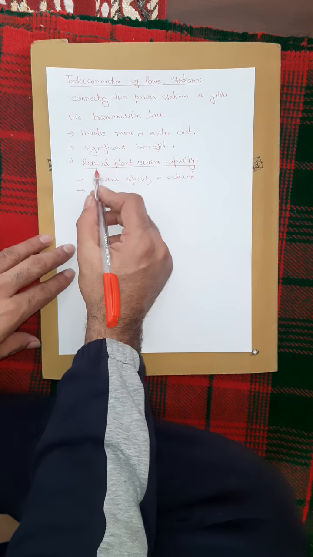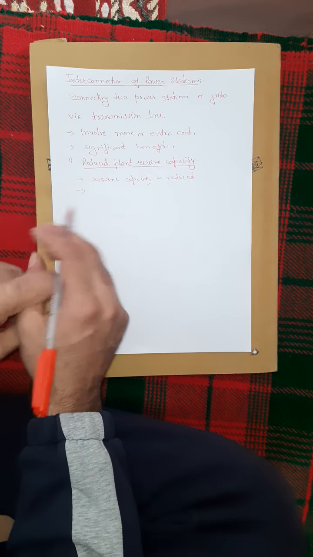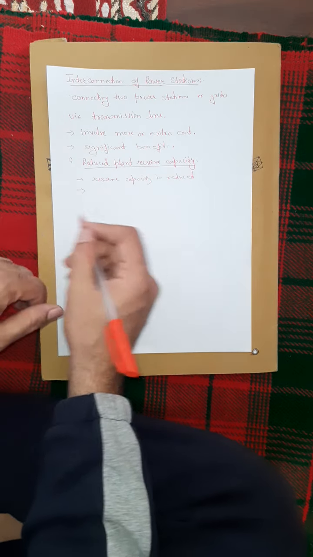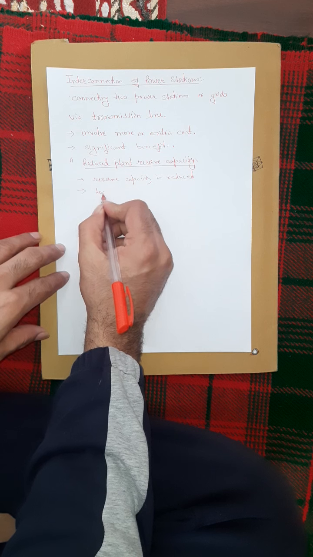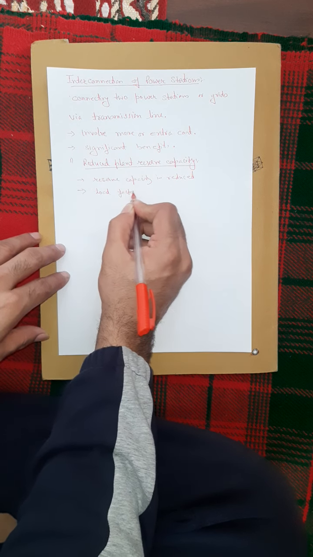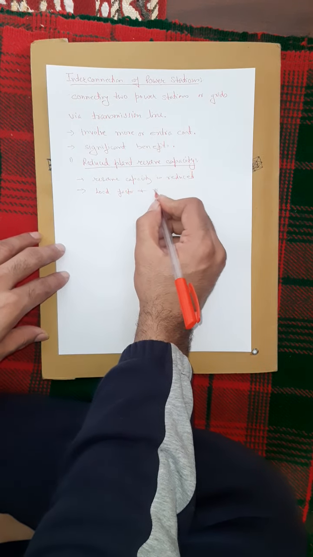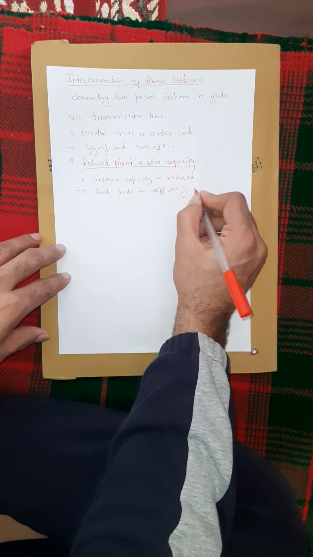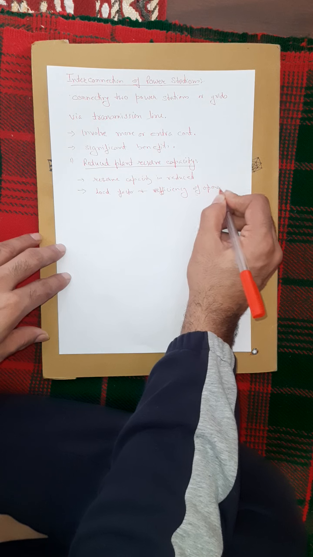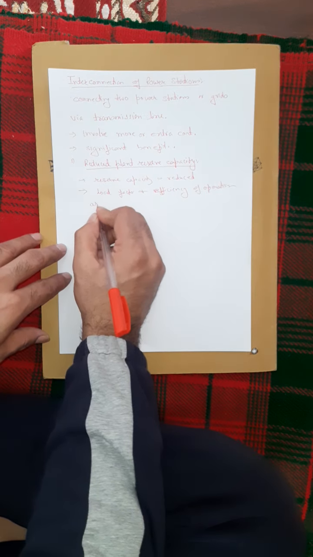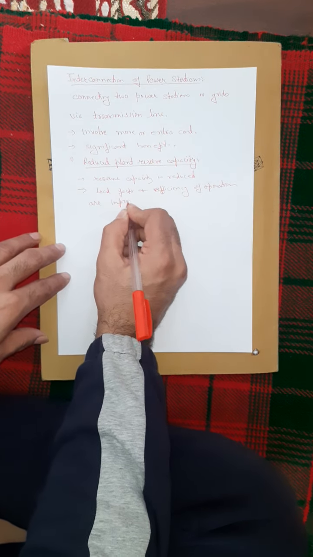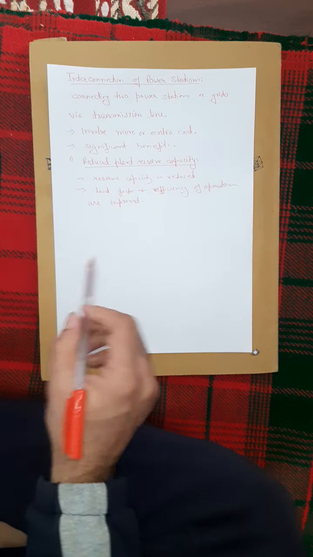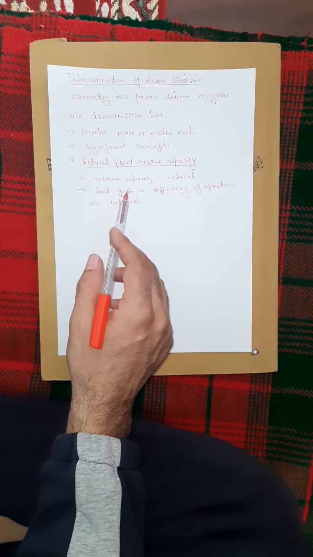So by interconnecting the power stations, the reserve capacity of the plant will reduce, and thus the load factor and efficiency of operation are improved. How does the load factor improve?